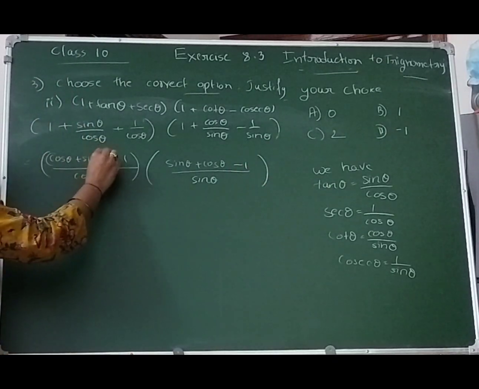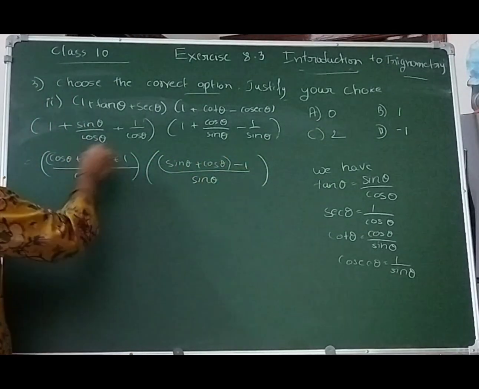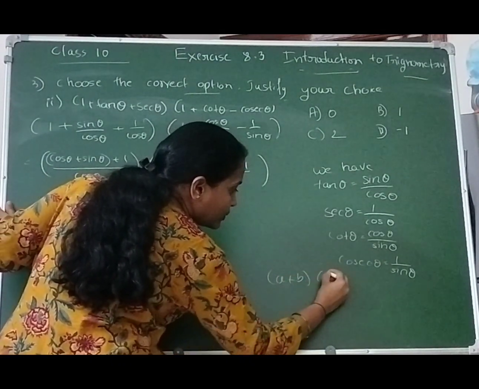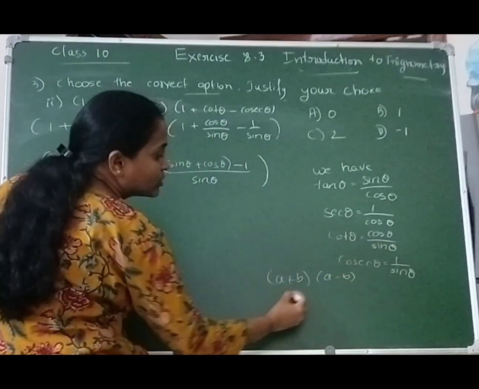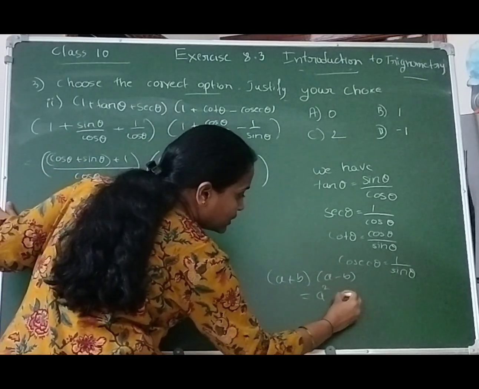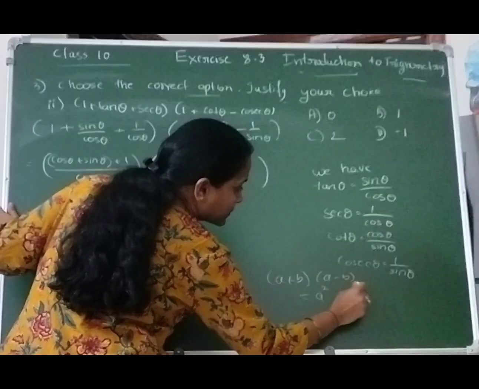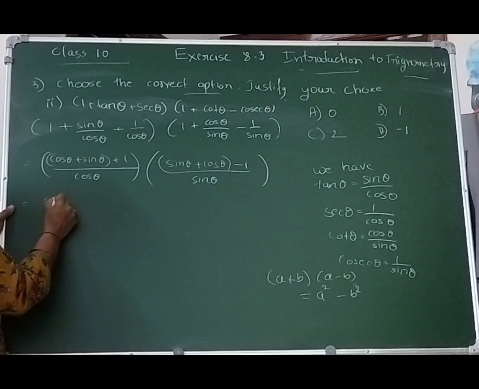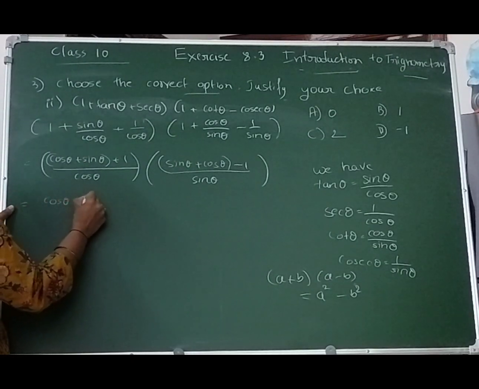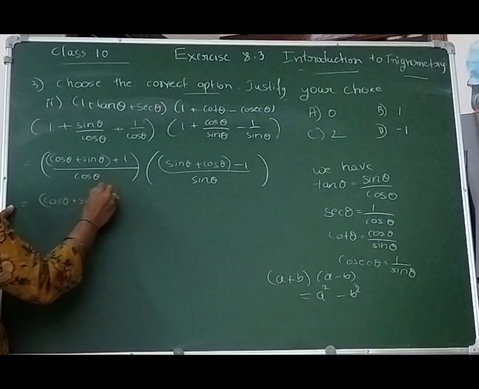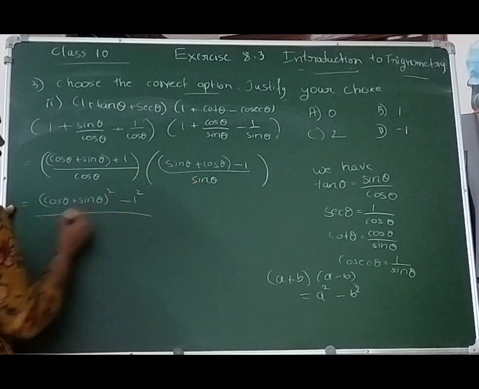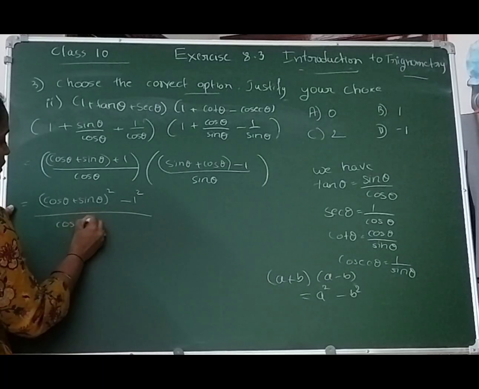So we can combine cos theta and sin theta as one form. It will reduce to the form of a plus b into a minus b, which we know is equal to a square minus b square. Using this identity, we get cos theta plus sin theta whole square minus 1 square, that is 1, whole divided by cos theta into sin theta.